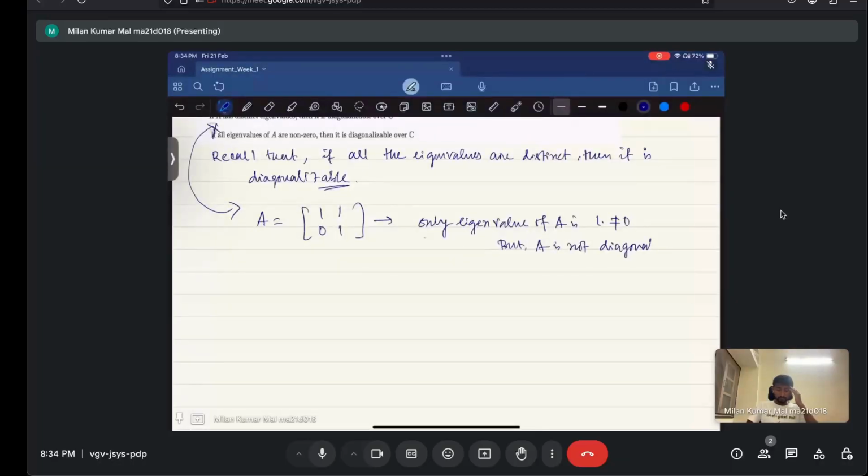Why is A not diagonalizable? How can one show that it is not diagonalizable? The only eigenvalue is 1. Why is this true?